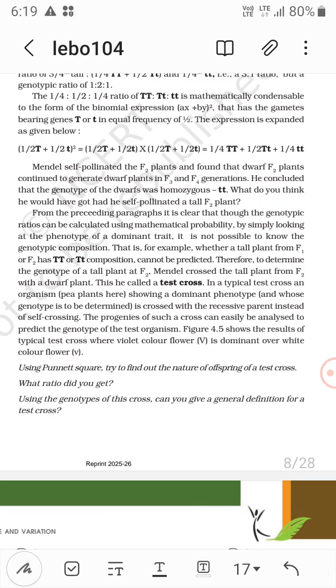So it can be calculated using mathematical probability by simply looking at the phenotype of a dominant trait, but it is not possible to know the genotype composition, right?